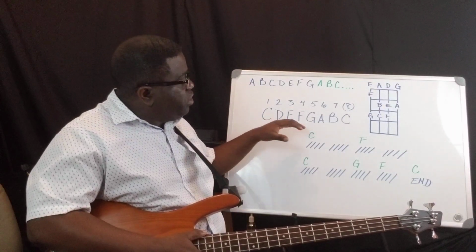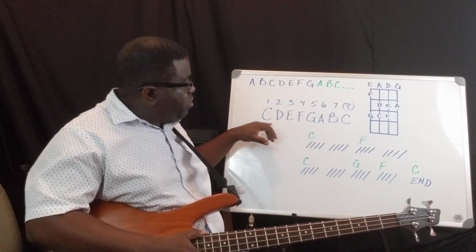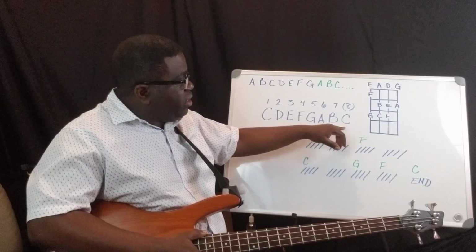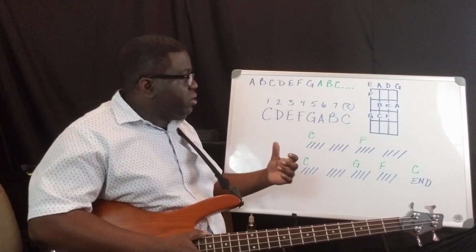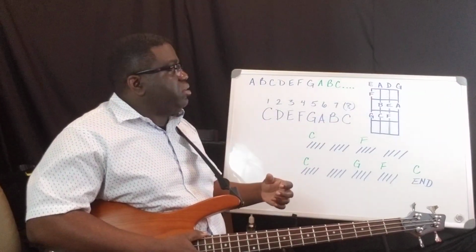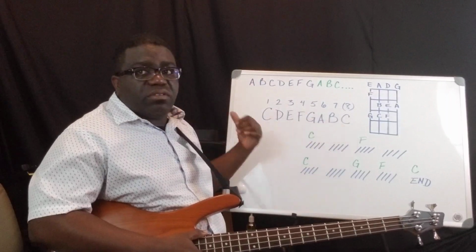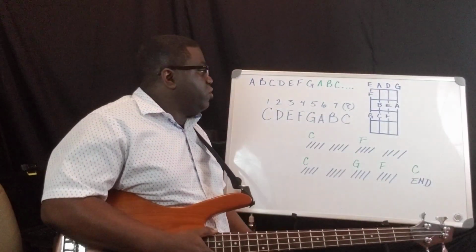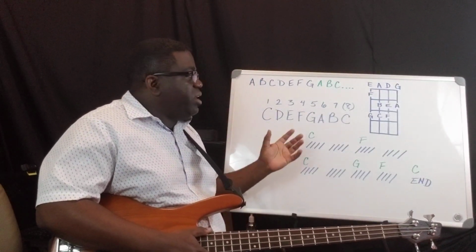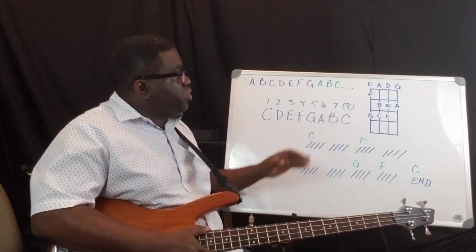But when we're doing the major scale, we're going to have an 8th. Now, we don't really count the 8th note because it's the same as the first, all right? So, we can get really technical about it, but I just wanted to show you the order.